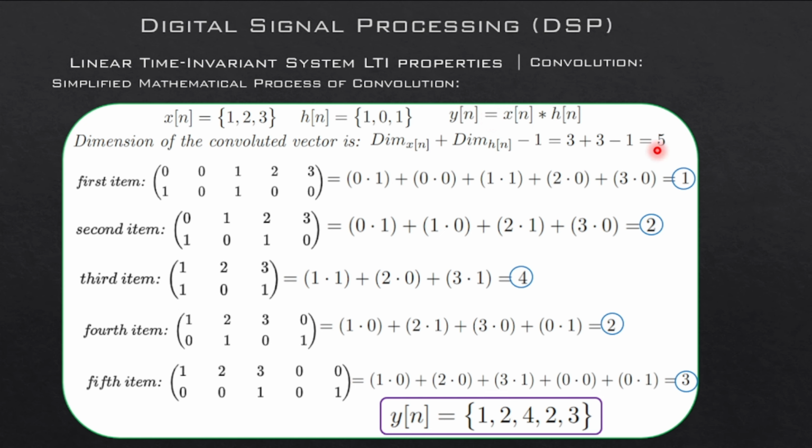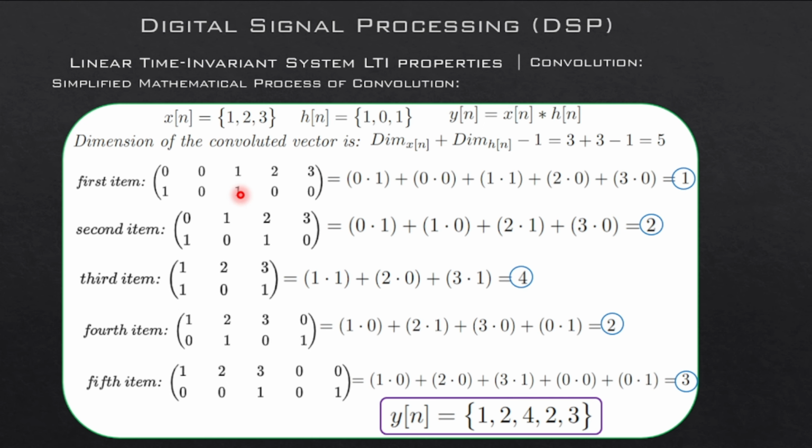How do we get these items? We start with the first item. You place 1 2 3, and you shift h[n] all the way to the left until you have an overlap between the last element of h[n] and the first element of x[n].